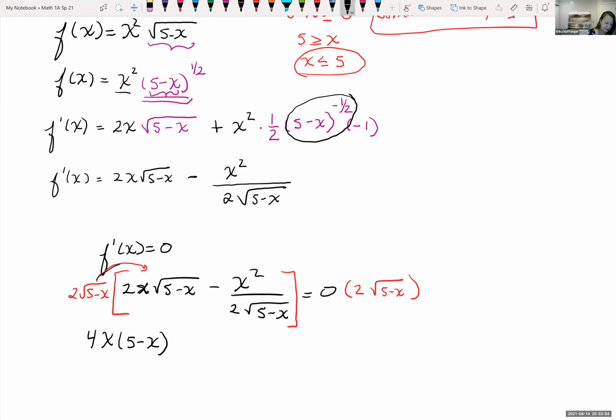When I distribute it to the second piece, the denominator goes away and I'm just left with my minus x squared equals 0. So let's distribute that 4x. So 4x times 5, I get 20x minus 4x squared minus x squared equals 0.